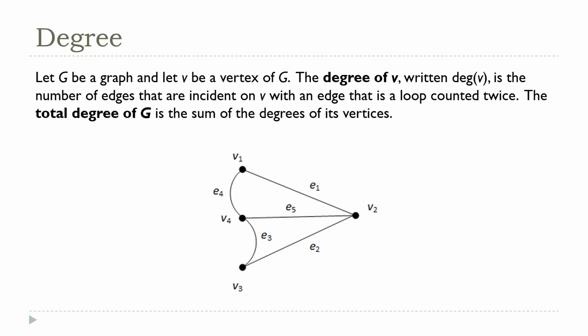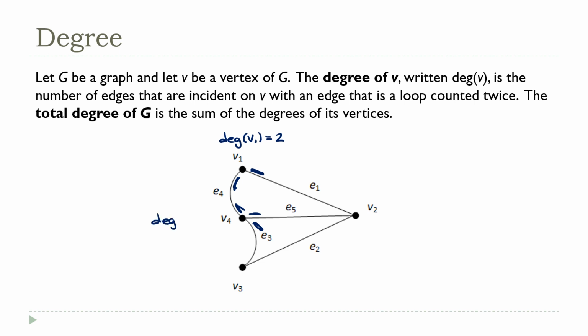If we look at V1, there are two edges, this one here and this one here, that are incident on V1. So I would say the degree of V1 is 2. Then if you look down here, V4, there are 1, 2, 3 edges that are incident on V4.